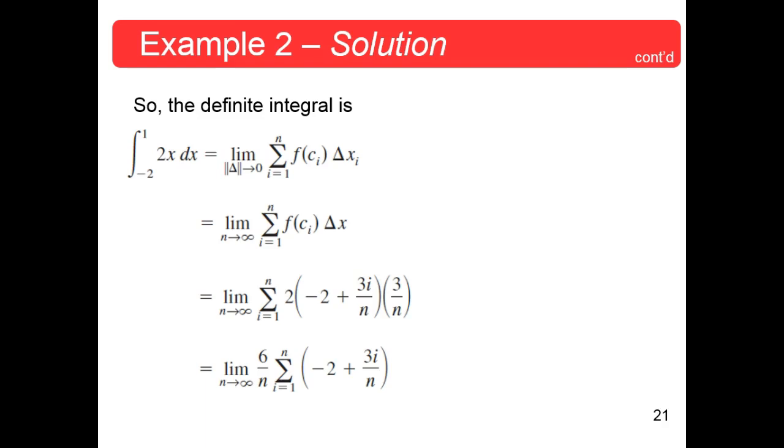Why they did it this way, I'm not sure. So they pulled out the 2 and the 3 over n. That gave you 6 over n out here, leaving you in here a minus 2 plus 3i over n. Okay, fine. We'll do it that way.